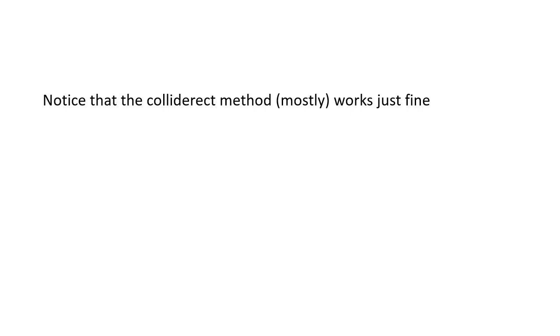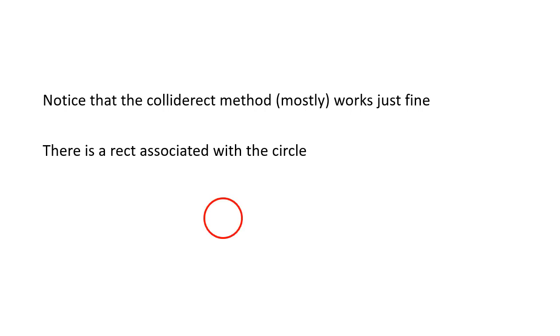version of that, mostly works just fine. Turns out that there is a rectangle associated with the circle. When pygame creates the circle, it also creates a corresponding rectangle, so we have the circle, and we have a rectangle, which is a circumscribed rectangle that goes around the outside of that circle.